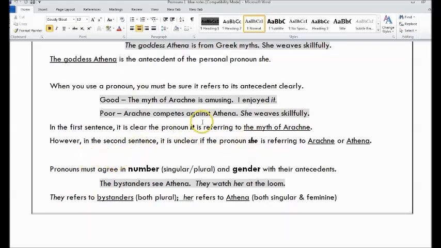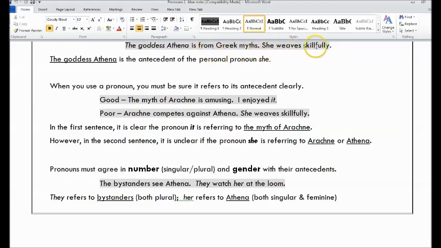When we replace a noun with a pronoun, the pronoun must agree in number and in gender with the antecedent. So number simply means singular or plural. If I'm going to replace the goddess Athena in this sentence, I would not say they weave skillfully. Okay, goddess Athena is singular, so I would replace it with a singular pronoun.